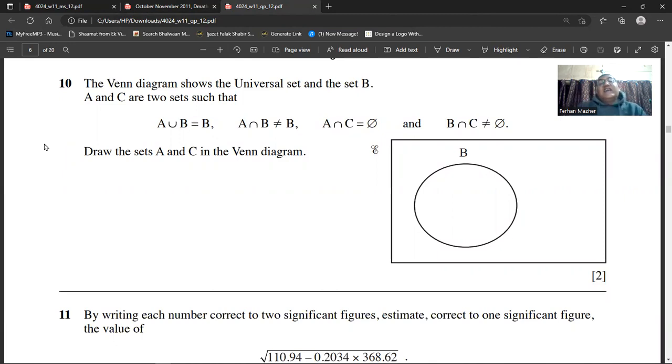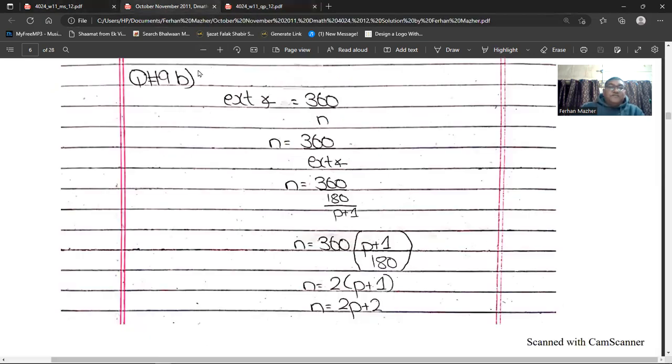Then he says A intersection C is the empty set. It means that there's nothing common between A and C. And then he says B intersection C is not empty, so there is something common between B and C. Draw the sets A and C. Here you will draw A and C will be here somewhere.